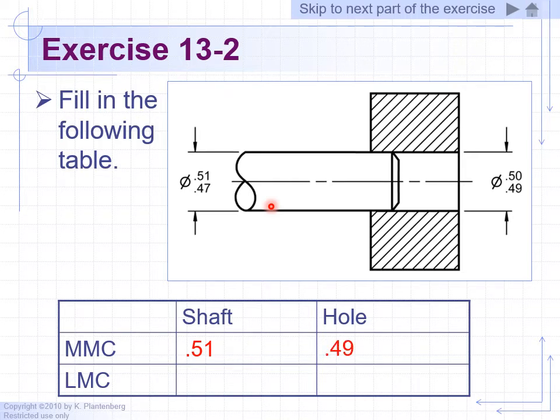Okay, now let's take a look at the maximum material for the hole. Here it's the reverse. It's not 0.50. Its maximum material will be at 0.49. Here we're not actually looking at the hole, we're looking at the block. So we have a block, and we drill a hole. We'll have more material left over when you drill the smallest diameter hole allowed, which is 0.49.